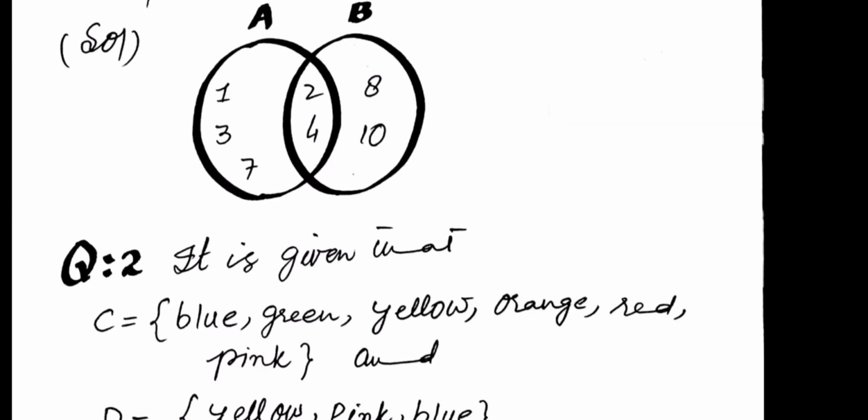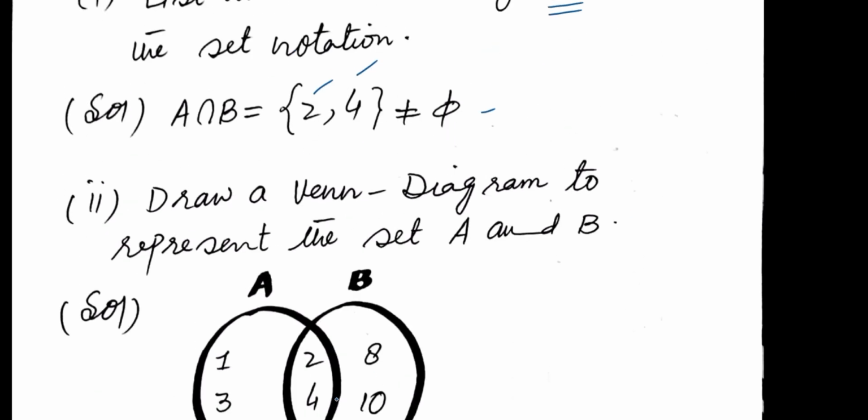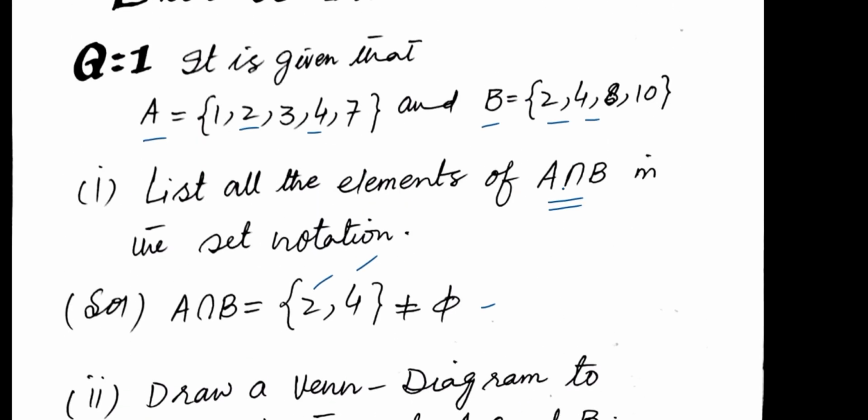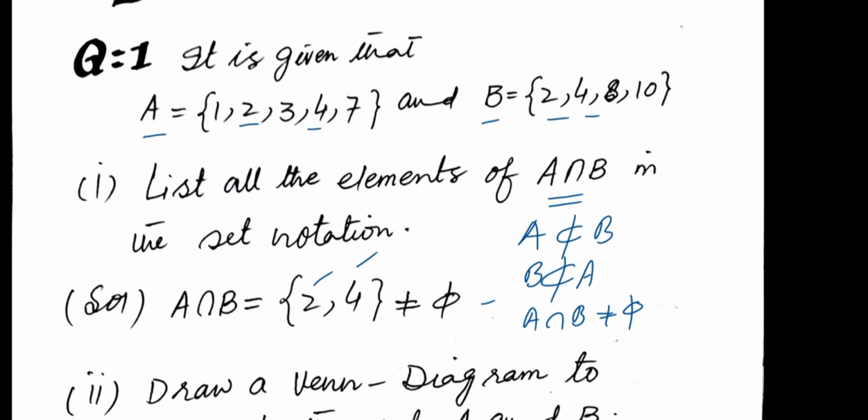Next we need to find their Venn diagram. So this is the case of overlapping sets or intersecting circles. You can see here that A is not a subset of B, and similarly B is not a subset of A, and further their intersection is non-empty.